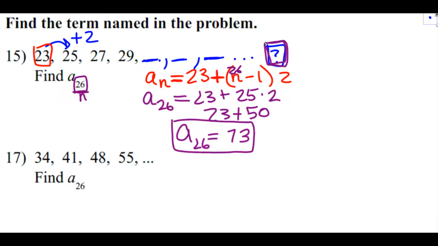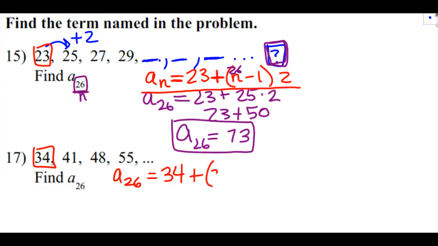Number 17 is doing the same thing. So we can think about this as the 26th term equals the first term's 34. I'm just going by my formula. Plus n minus 1, or in this case, n minus 1.